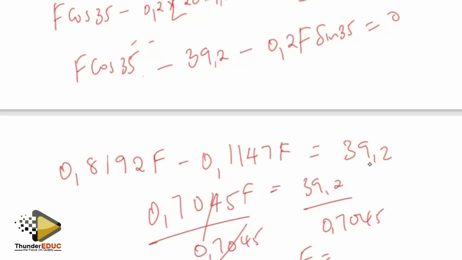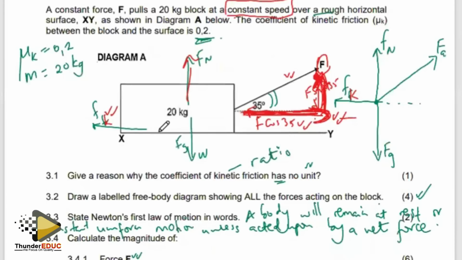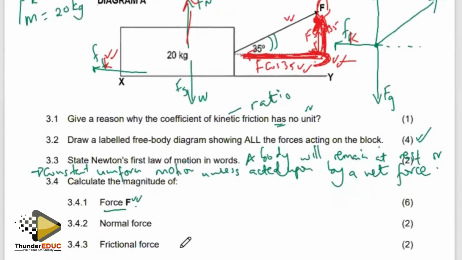Punching that into my calculator, I'm getting 39,2 divided by 0,7045, which is 55,64 newtons. Okay, so that's what I'm getting for the force F.